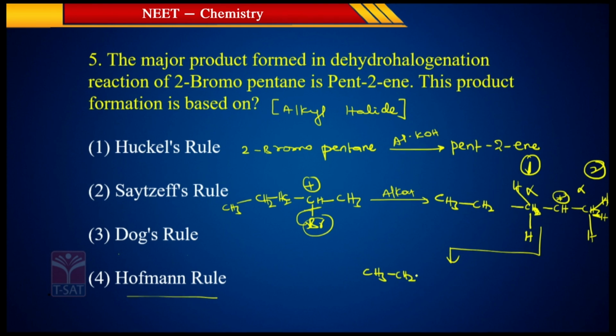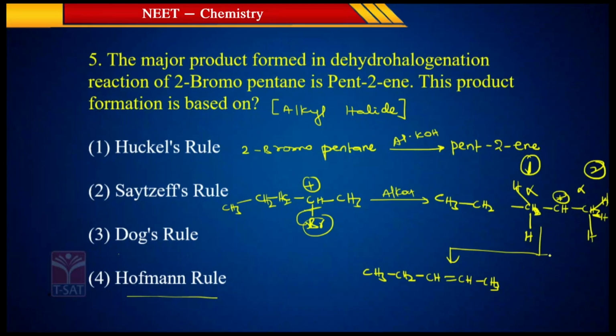CH3, CH2, CH double bond CH, CH3. If hydrogen is eliminated from the second one, what compound will you get? CH3, CH2, CH2, CH double bond CH2. The first compound is 2-pentene, pent-2-ene, what he tells.